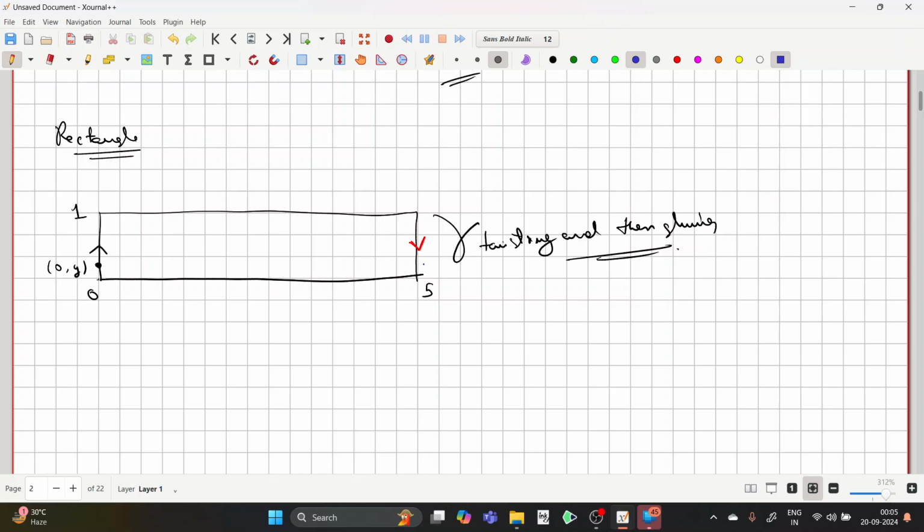That is, if this is (0, y), then the x coordinate is 5 and the y coordinate must be 1 minus y, right? So I am actually gluing these 2 points. Is this part clear?